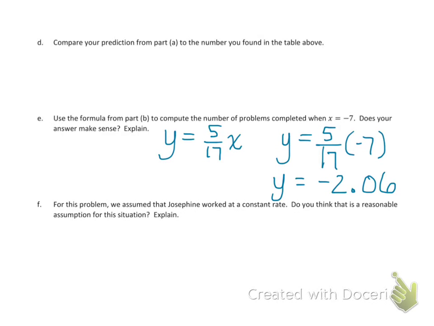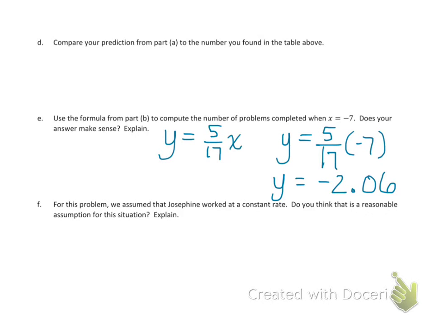So the answer doesn't make sense, right? Well, hopefully you've thought about this. If you haven't, you might want to pause the video. But the answer doesn't make sense because the input doesn't make sense. It doesn't make sense to put in -7 minutes of working on your homework. Although, well, anyway, I won't say that.